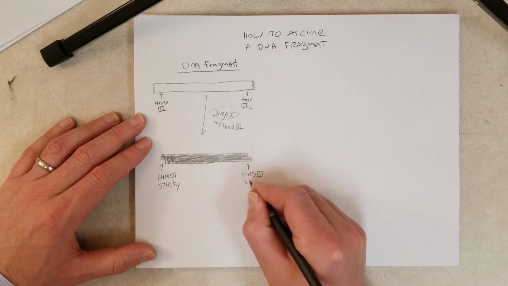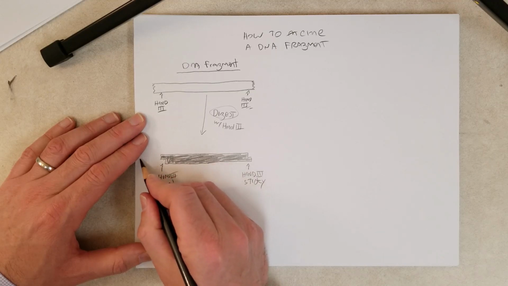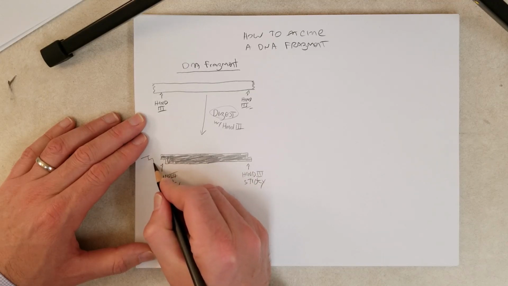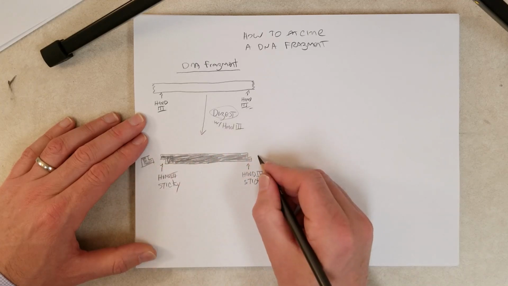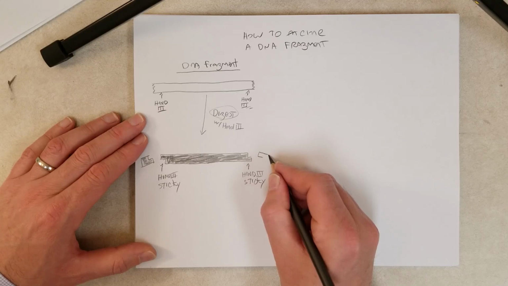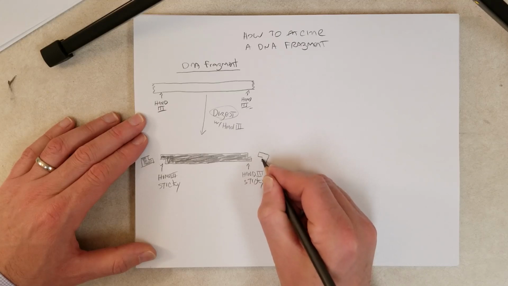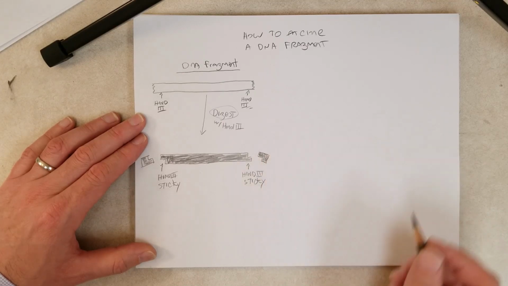HindIII sticky ends. And on each side, there's going to be a little sequence that we cut off that we're going to need to purify away from the longer fragment that we want to clone. And by clone, I mean put in the cloning vector and put the cloning vector into a bacterium.